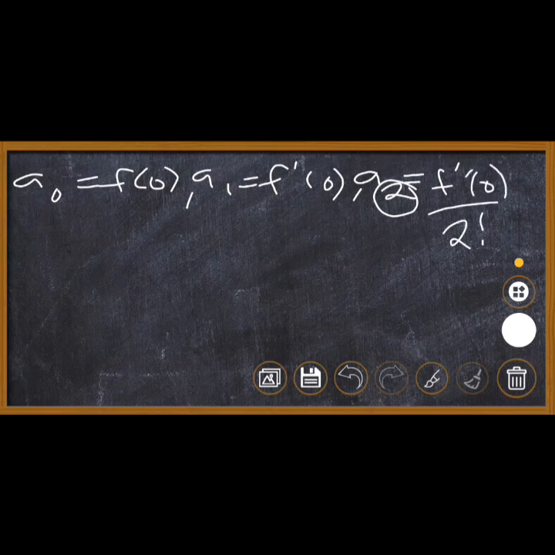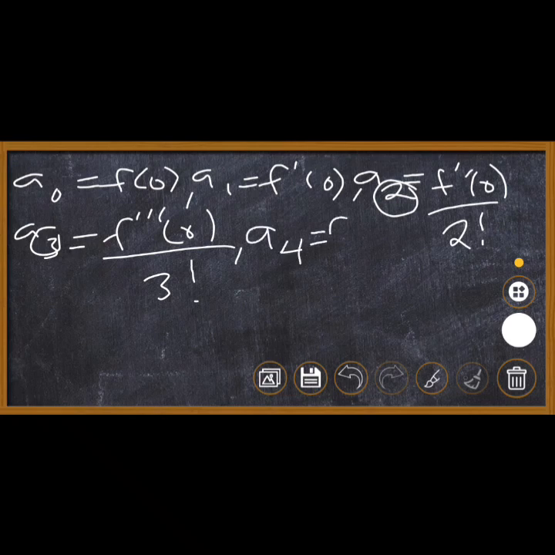Now you will notice that at first I didn't put factorial, but 2 factorial or just 2, it's the same value. Then our a3 was the third derivative of 0 over, since we have 3 here, 3 factorial.